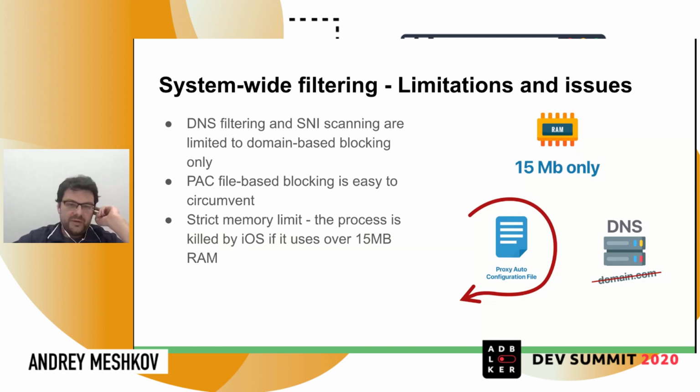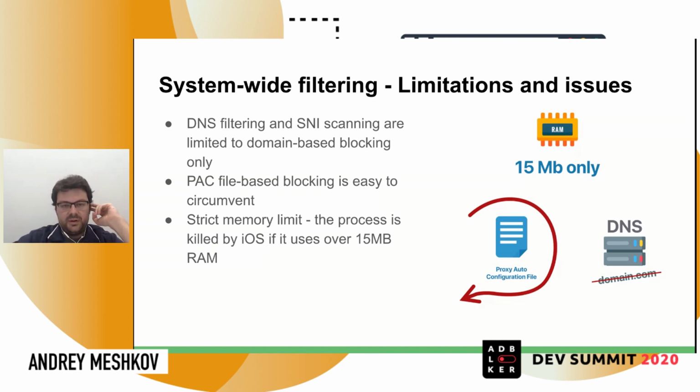The PAC file-based approach is a little bit better, but it is easy to circumvent because apps do not have to use that proxy, and often they don't. For instance, Google Chrome comes with a feature called reduced data usage, I guess. And when it kicks in, Chrome starts using its own compression proxy. And obviously, when it is used, Chrome just ignores all other proxies, and therefore nothing is blocked.